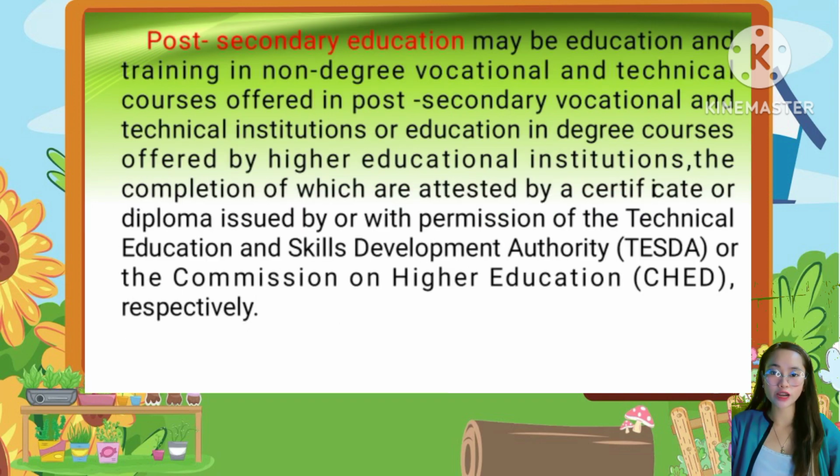Post-secondary education may be education and training in non-degree vocational and technical courses offered in post-secondary vocational and technical institutions, or education in degree courses offered in higher educational institutions, the completion of which is attested by a certificate or diploma issued by or with permission of the Technical Education and Skills Development Authority, or TESDA, or the Commission on Higher Education, CHED, respectively.